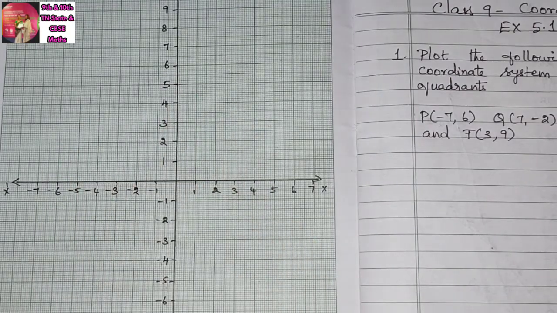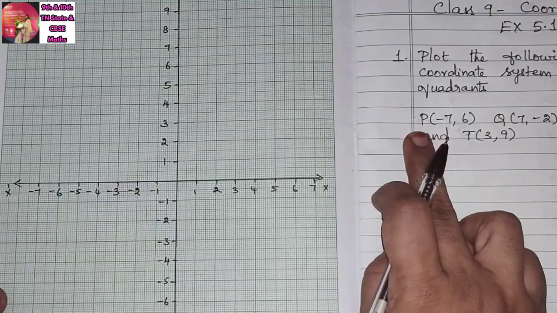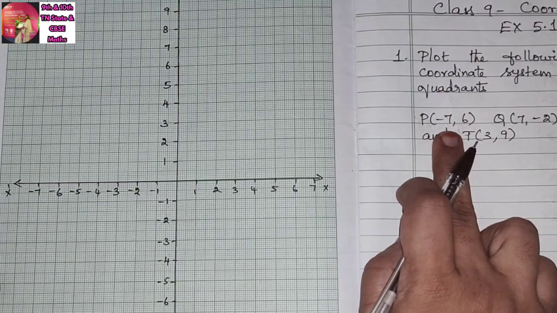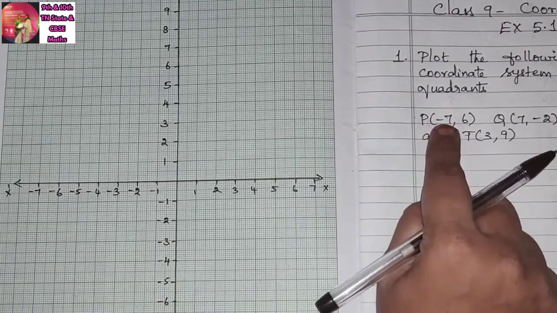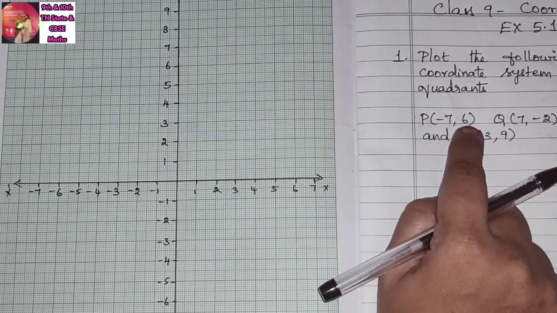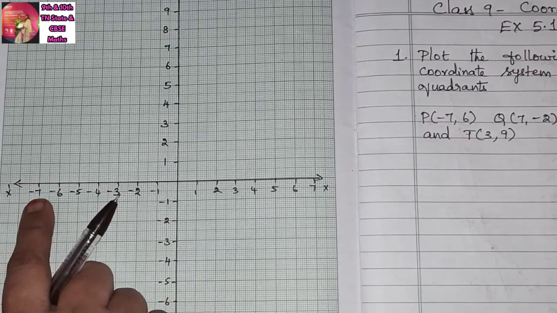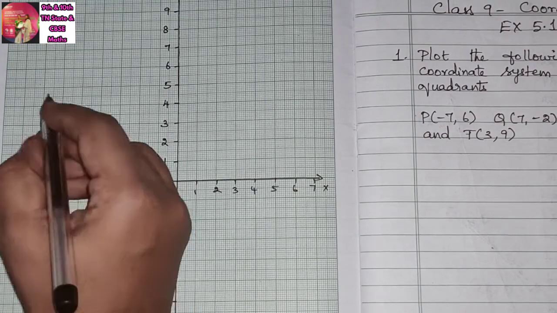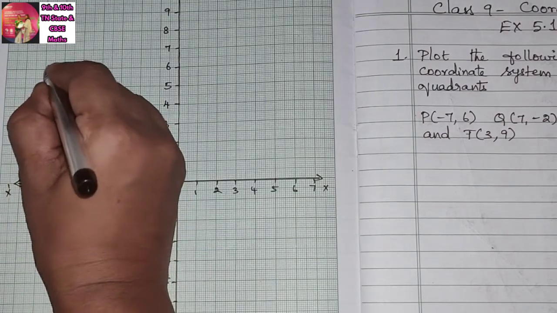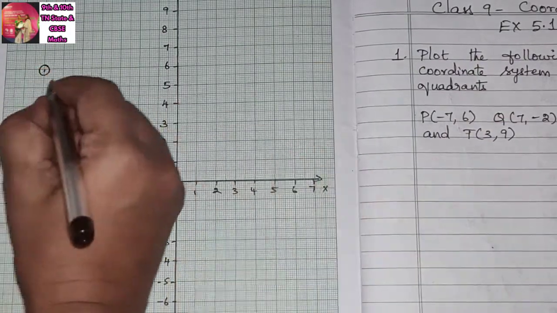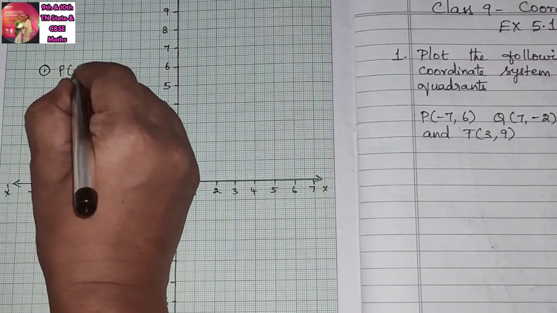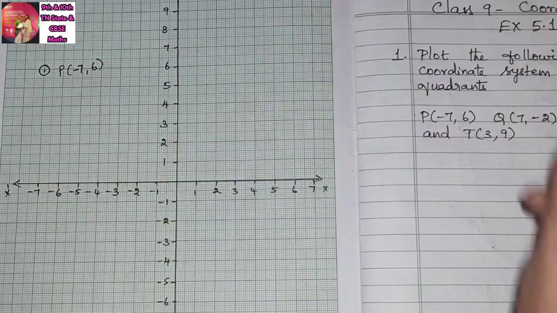So first we will plot the points. First, P is minus 7, 6. Minus 7 is the x point and 6 is the y point. So minus 7, 6 will be here. This is P, minus 7, 6.